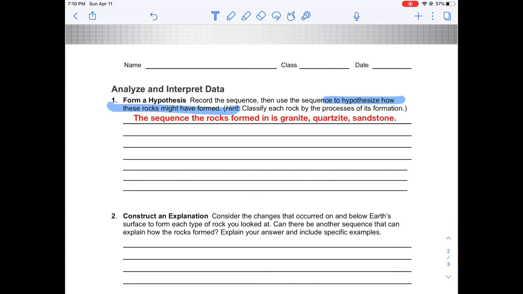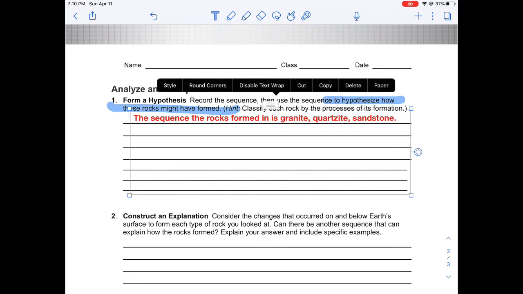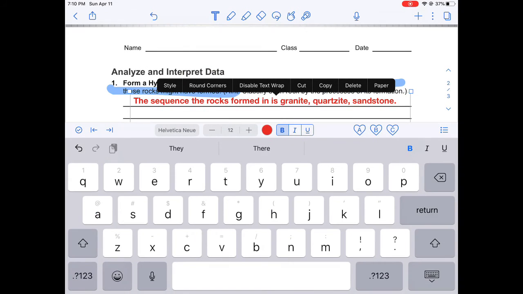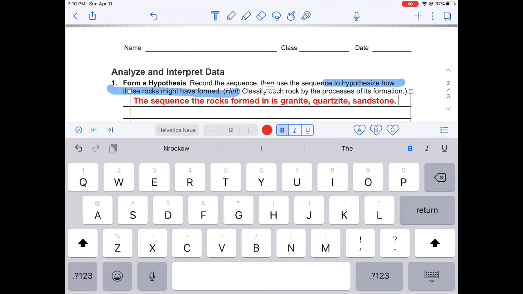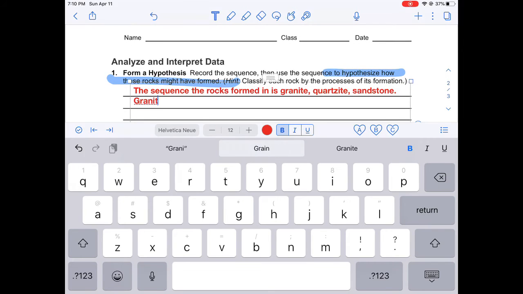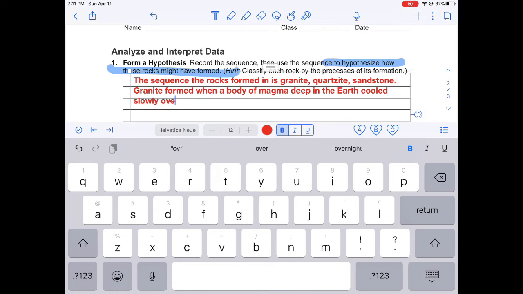So the first one we talked about was granite, and I can say that granite formed when a body of magma deep in the earth cooled slowly over a long period of time.